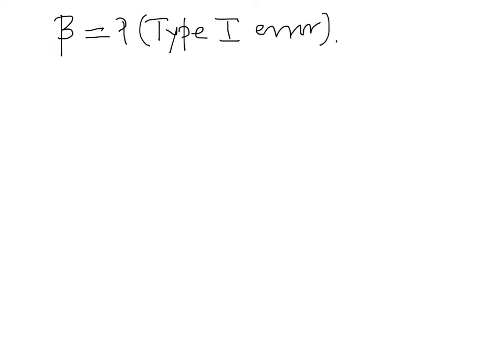There is, of course, another thing called beta, which is probability of type 2 error. You will see those things in coming lessons. But most of the time, we do a testing with a fixed alpha.